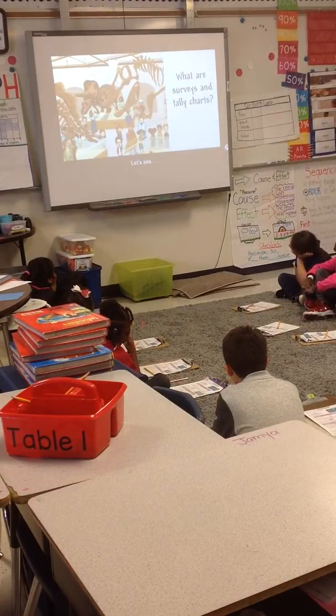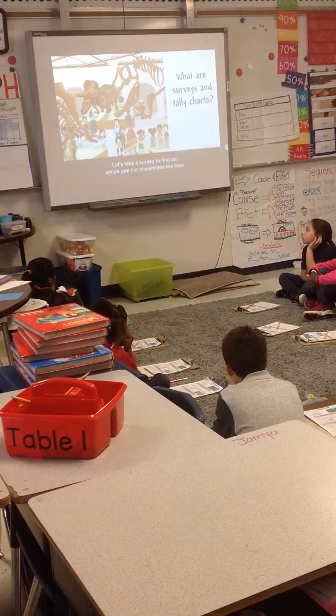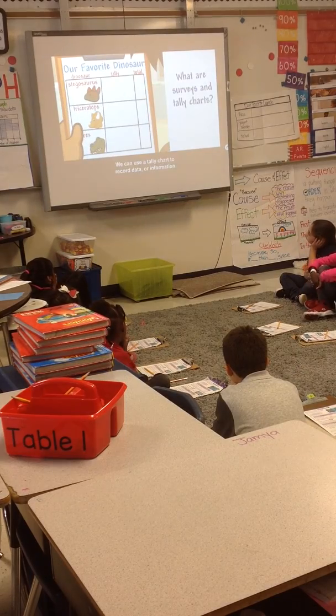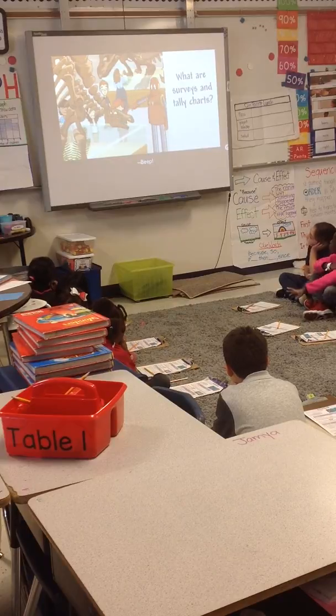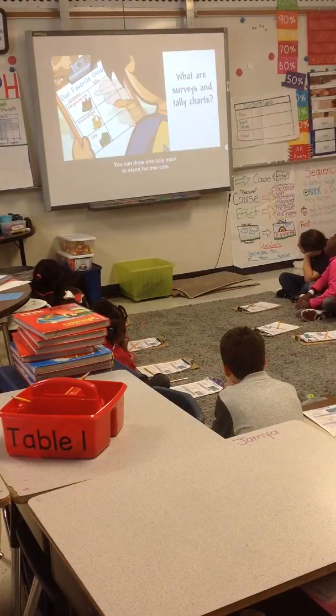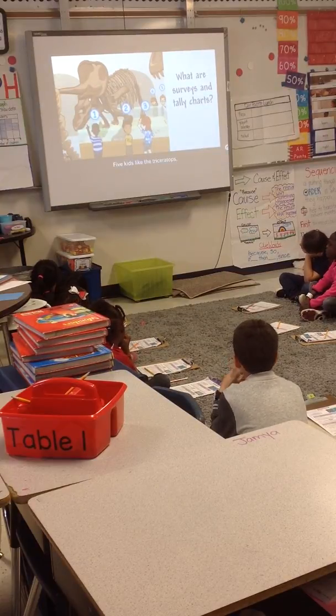Let's see. There are 3 dinosaurs here. Let's take a survey to find out which one our classmates like best. We can use a tally chart to record data or information. Let's see. Moby likes the Stegosaurus the best. You can draw 1 tally mark to stand for 1 vote. 5 kids like the Triceratops.